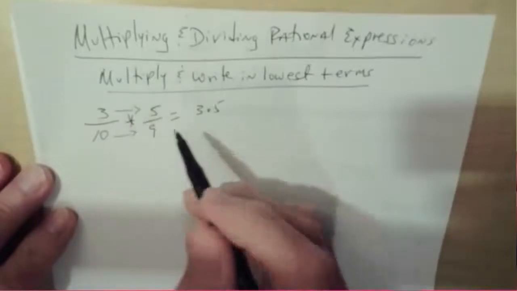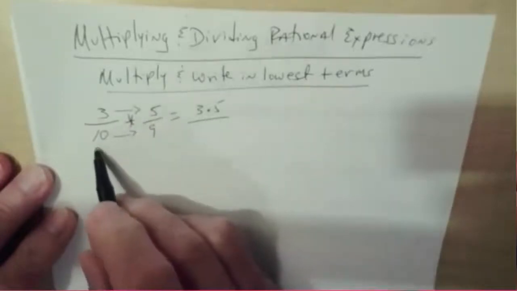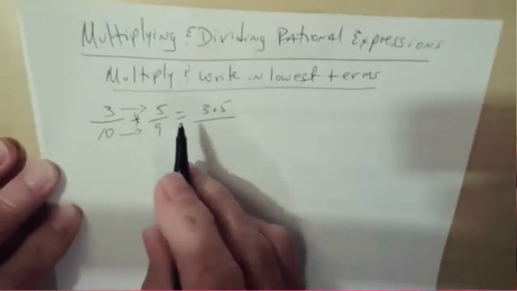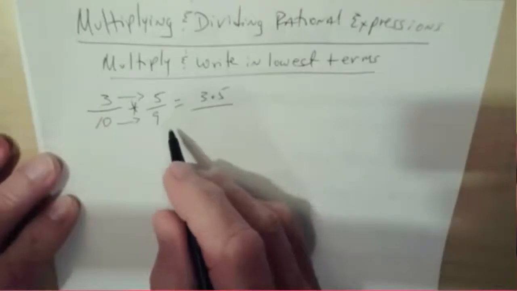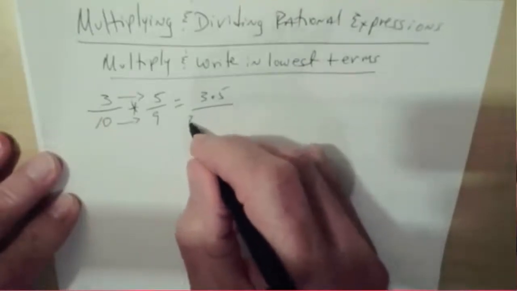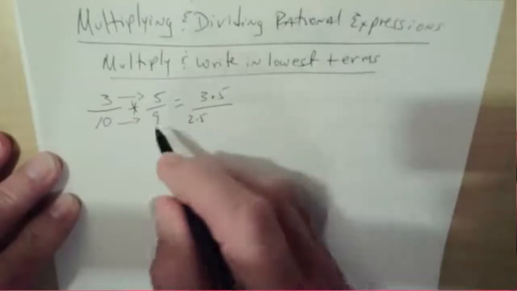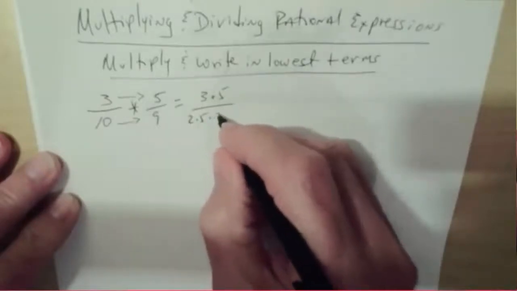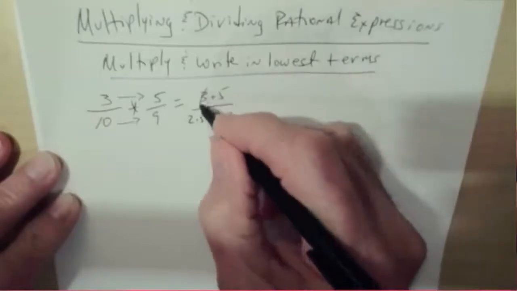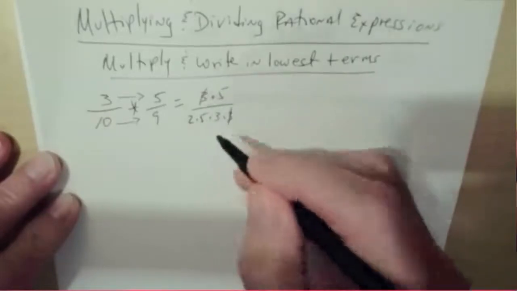Now, we're going to factor these things. You don't really have to do this, but it might let you show it a little bit better. What is 10? 2 times 5. What is 9? 3 times 3. So we can take out that 3 and one of those 3's, and that 5 and that 5.